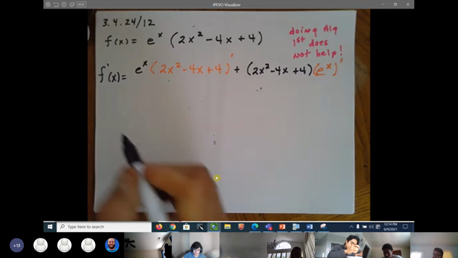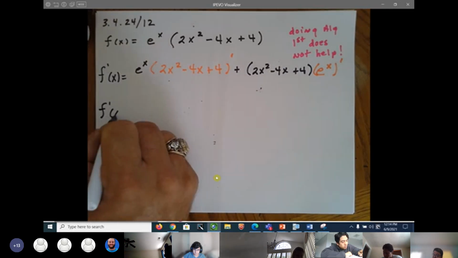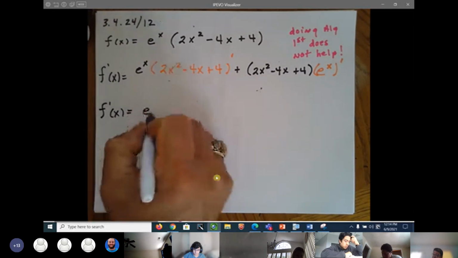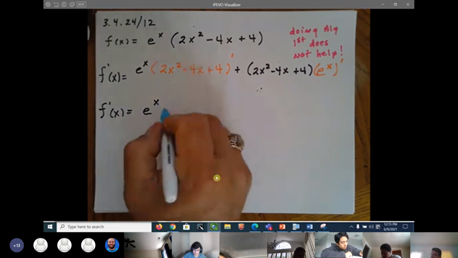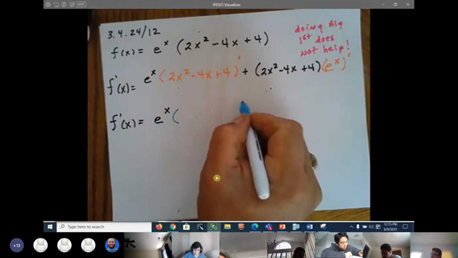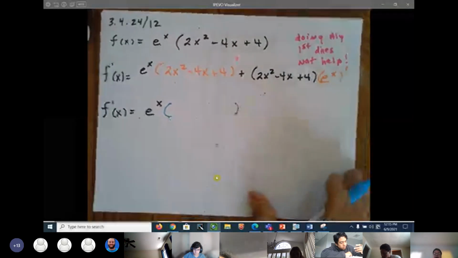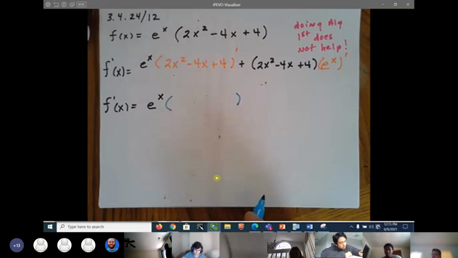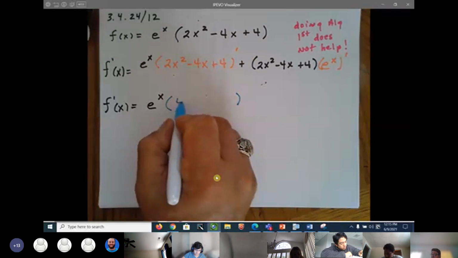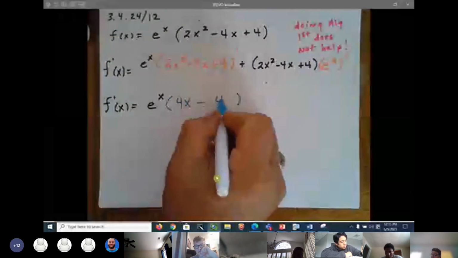So f prime of x is equal to e to the x. And somebody tell me the derivative of 2x squared minus 4x plus 4. 4x minus 4. Good job.